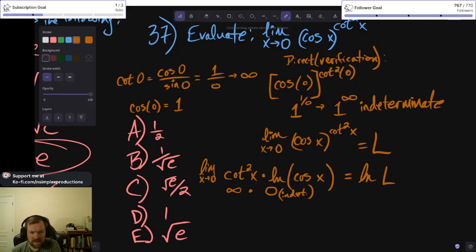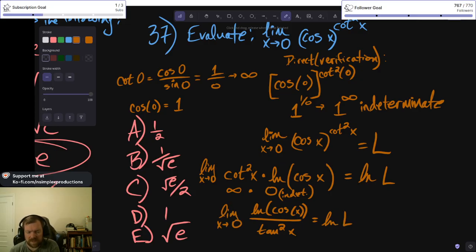Okay, and then we could also instead make this a tangent squared at the bottom. And the natural log of the cosine of x is going to be there. We're taking the limit as x goes to 0.